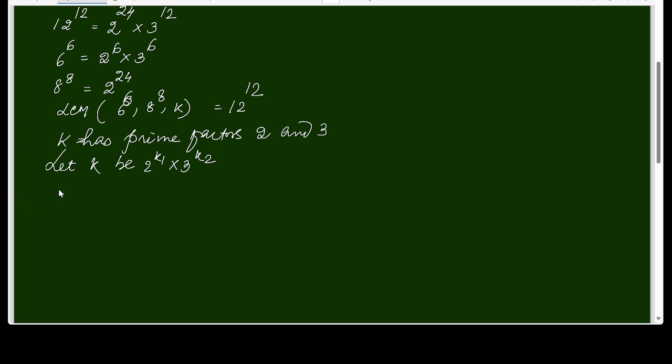So the LCM of 6 power 6, which is 2 power 6 into 3 power 6, 8 power 8, which is 2 power 24, and k, which is 2 power k1 into 3 power k2, equals 12 power 12, which is 2 power 24 multiplied by 3 power 12.